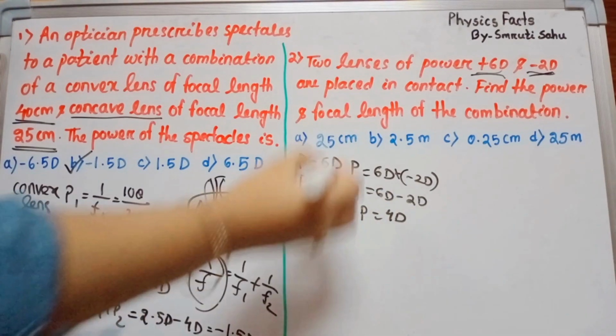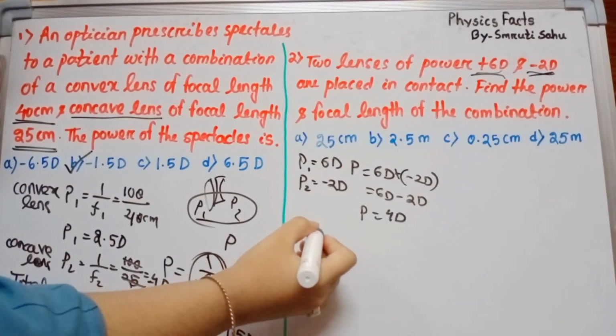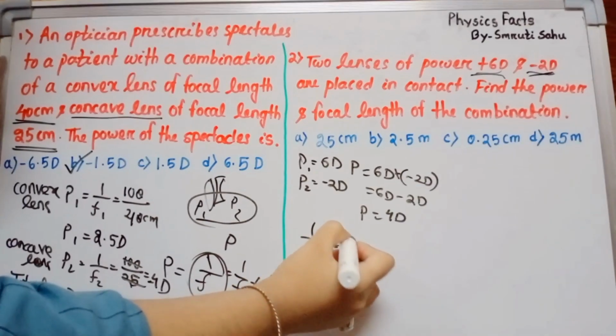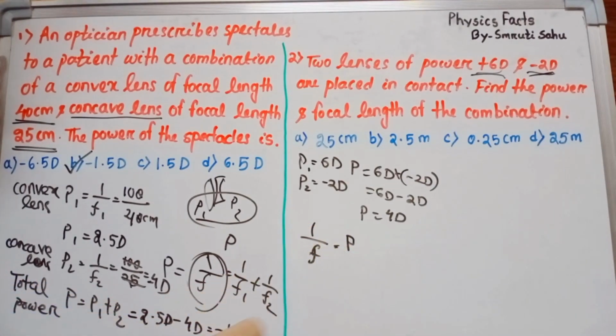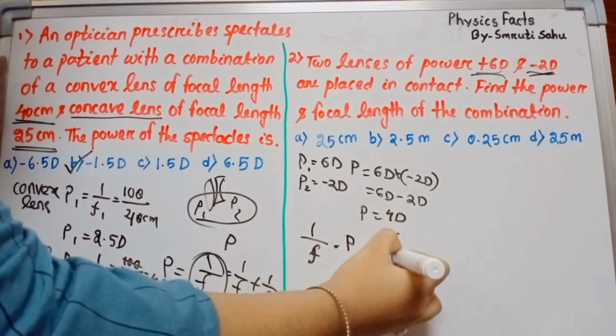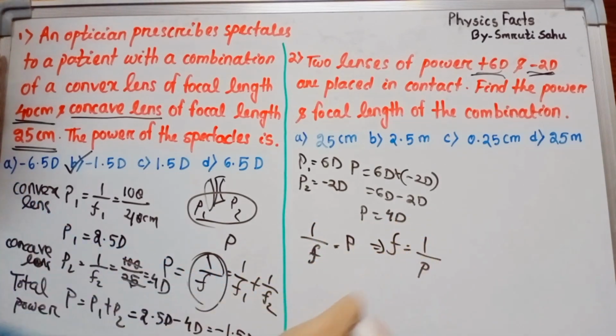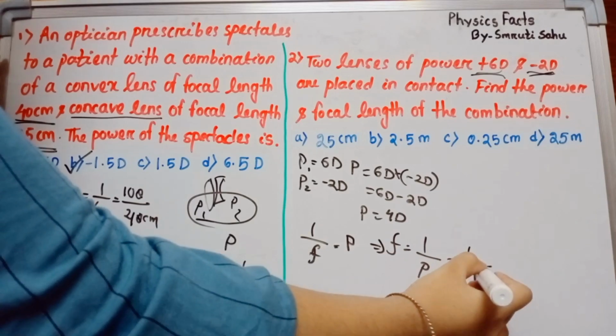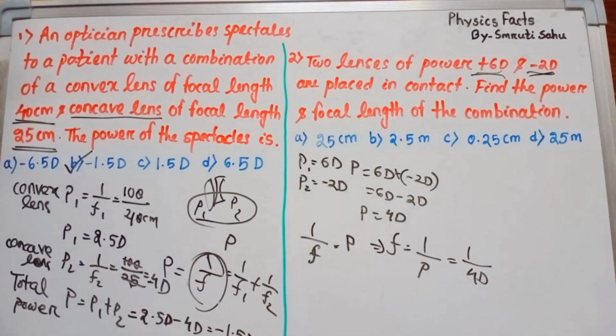So what is the focal length of the combination? 1 by f equals P. Yes, P equals 1 by f, power is the reciprocal of focal length. So what is f? f equals 1 by P. Here put the value, 1 by 4 diopter.